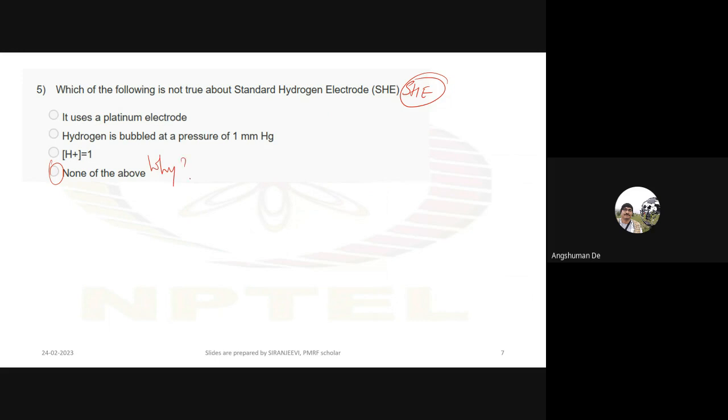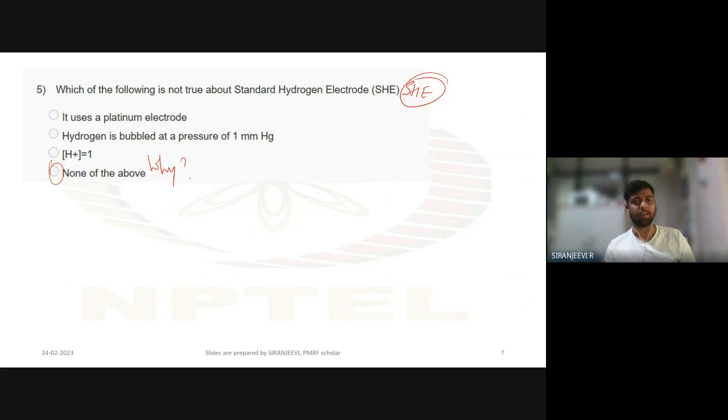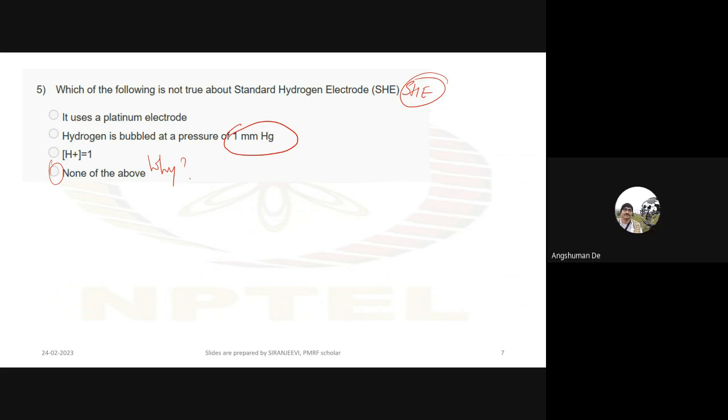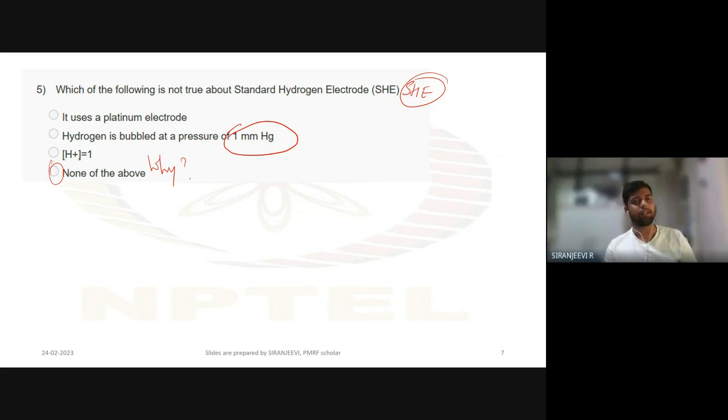Sir, as far as I remember, in the standard hydrogen electrode, hydrogen is bubbled over one platinum. Okay, that is true. But did we mention anywhere that it's 1 mmHg? Oh, yes. H plus ion should be at unity, so it's 1.